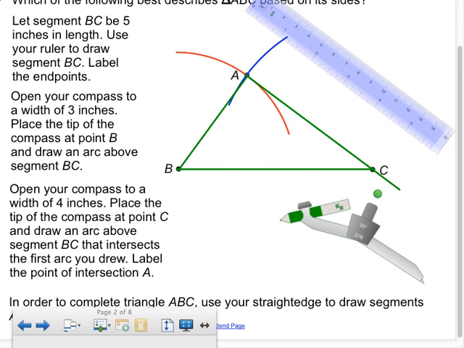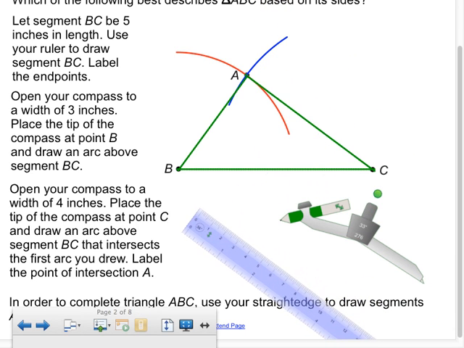Let me go ahead and erase that, a little excess. So, now that I have completed my drawing, you see in green we have triangle ABC. Okay, and so you should have something that looks pretty close to this.